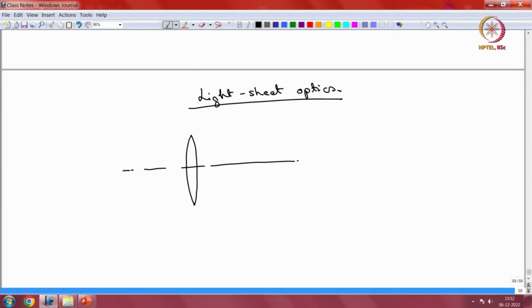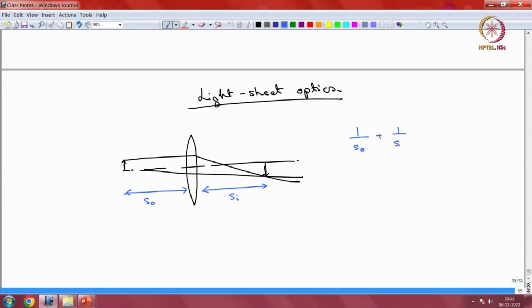So for example, if you have an object here which is forming an image somewhere, and let us say this distance is S naught and this is S I. Then this famous equation is valid for thin lenses, which is 1 by S naught plus 1 by S I is equal to 1 by F, where F is the focal length of the lens.